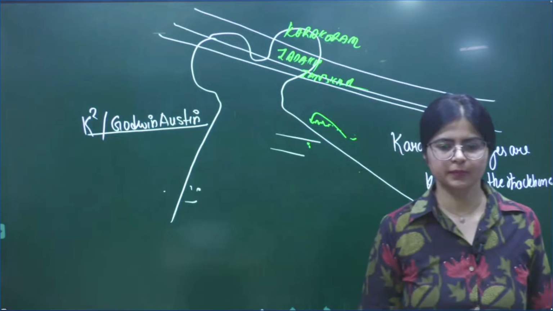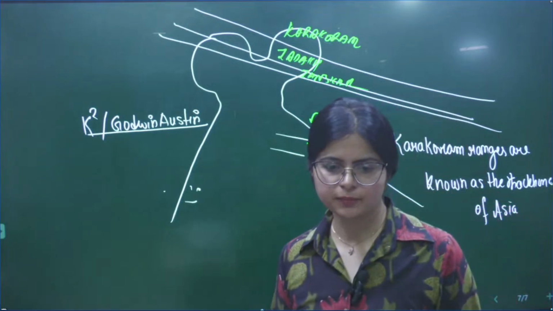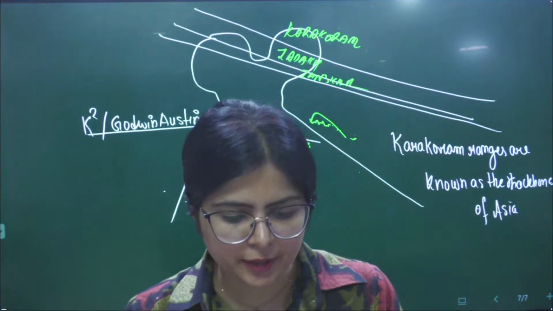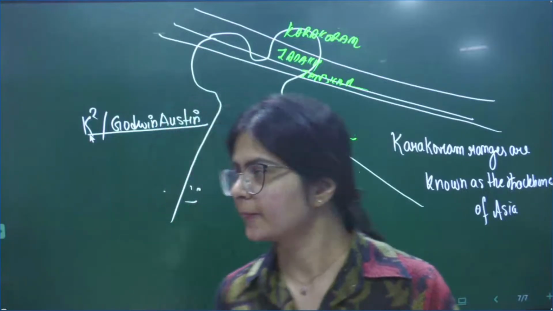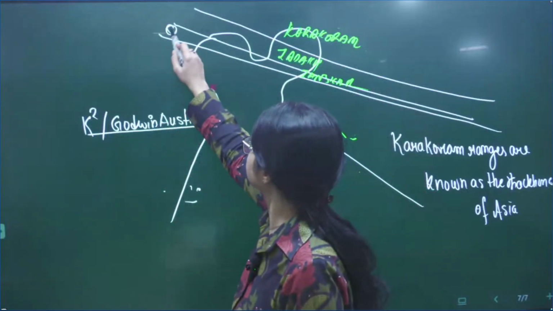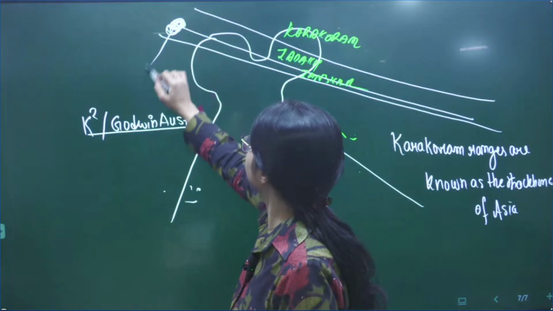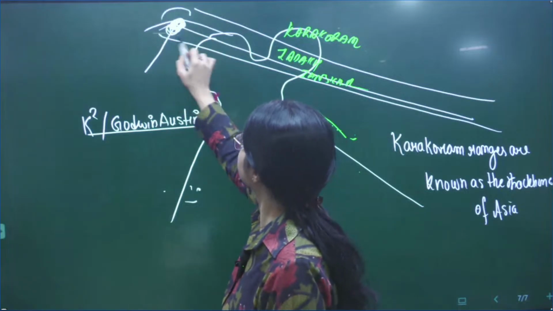Next point. Karakoram ranges meet the Pamir knot. Here you have the Pamir knot at this point, right? Here you have Hindu Kush, etc. This is your Pamir knot.